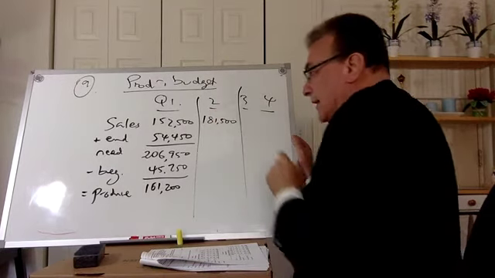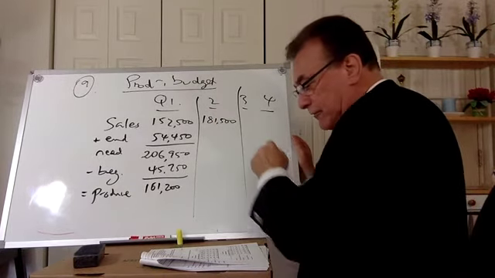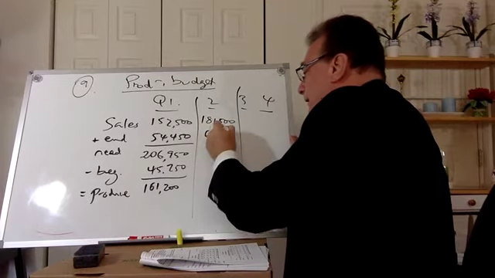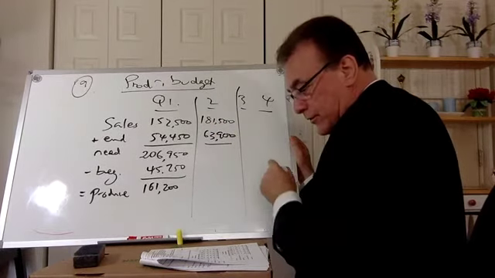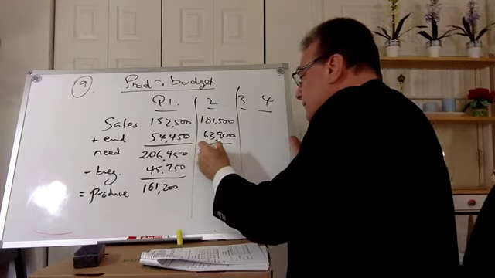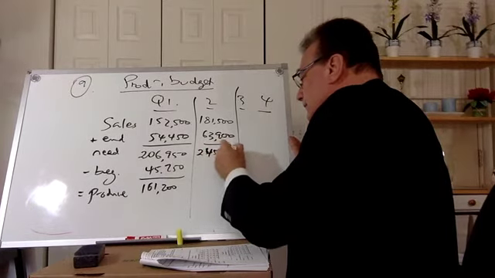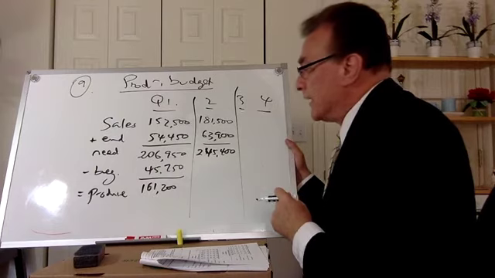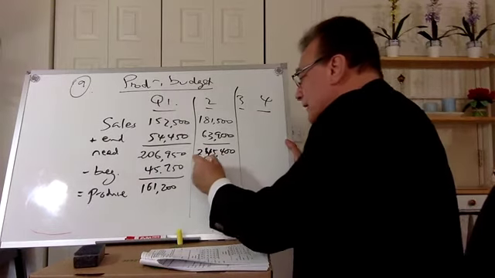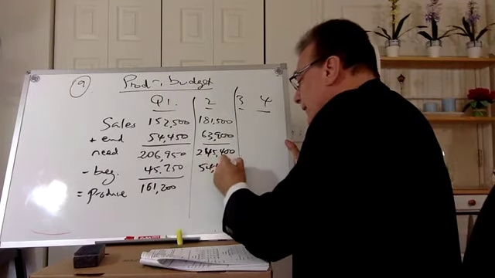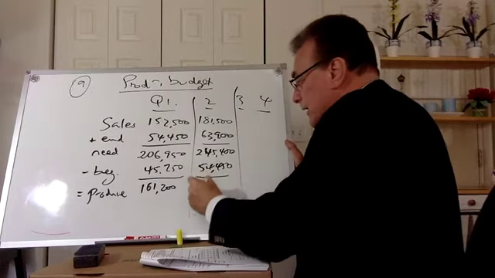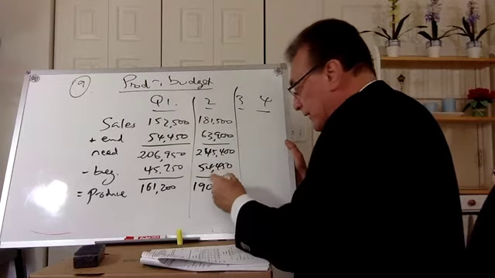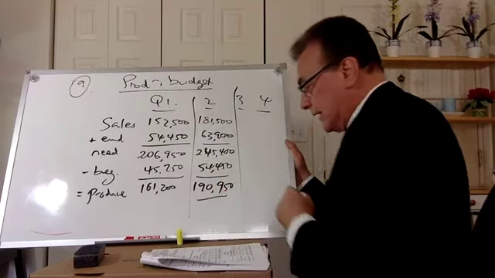Okay, quarter 2. I'll just run down the list. 181,500. Then you've got your 63,900. That gives you 245,400. Then your beginning inventory, remember, the beginning is the end of last quarter, so 54,450. And that gives you 190,950. Okay.